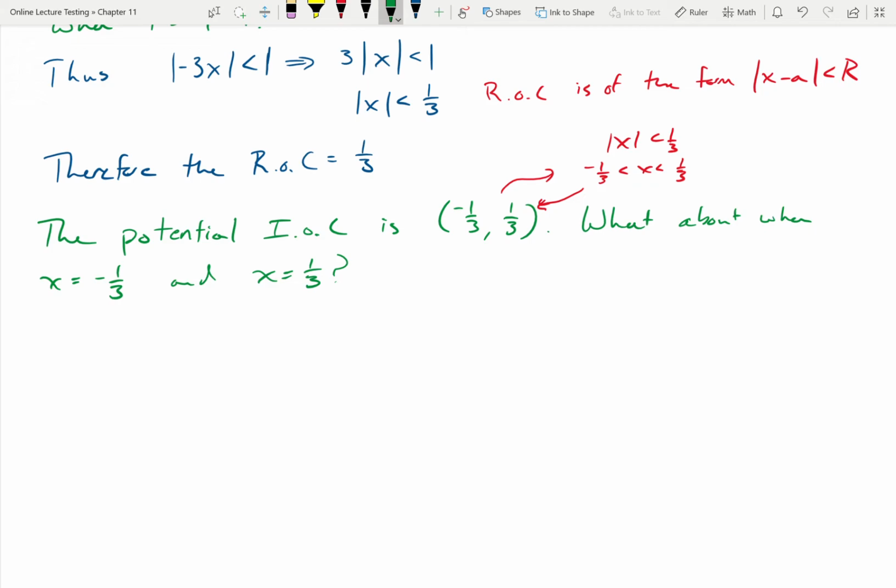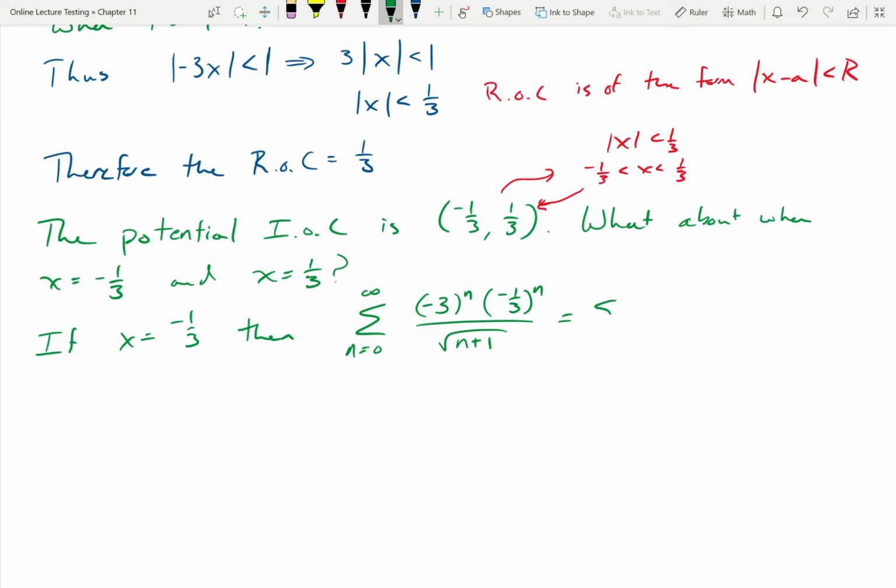So if x is equal to negative 1/3, then we get the summation as n goes from 0 to infinity of negative 3 to the n times negative 1/3 to the n, because we plugged in x is equal to negative 1/3, all over the square root of n plus 1.